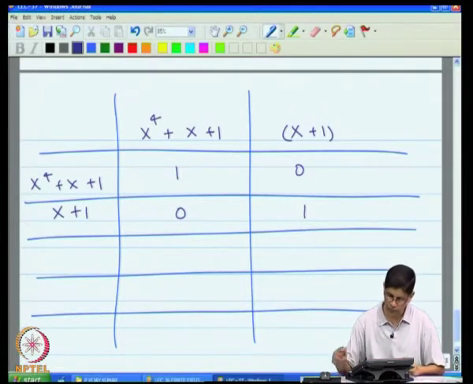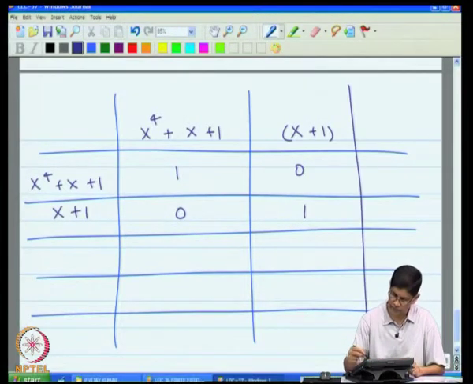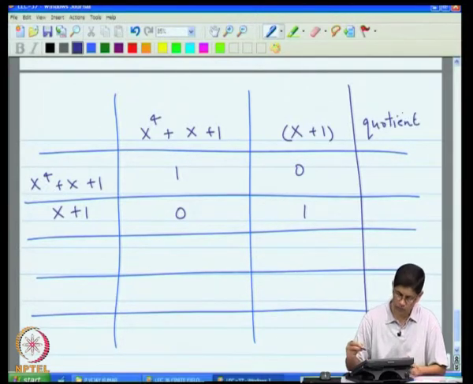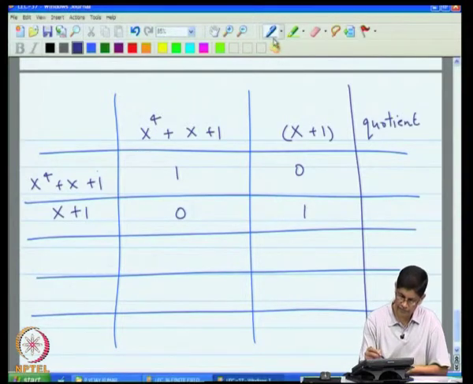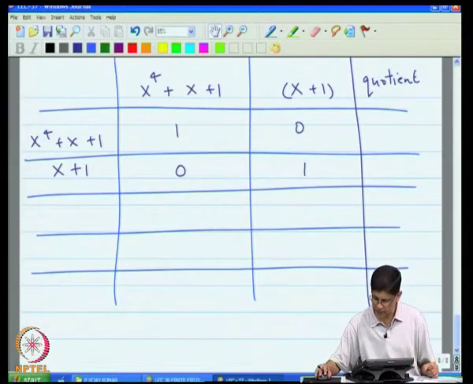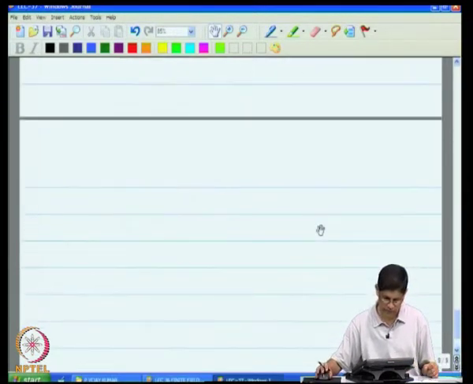Next I am going to introduce a third column, which I will write as the quotient. You divide this polynomial by this polynomial. So you are going to divide x^4 plus x plus 1 by x plus 1, and it may be a good idea to do this division on the side.